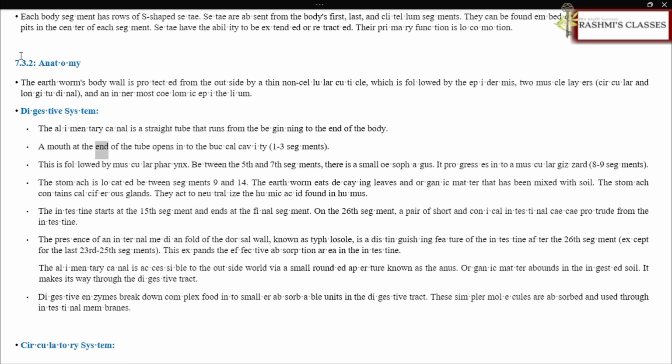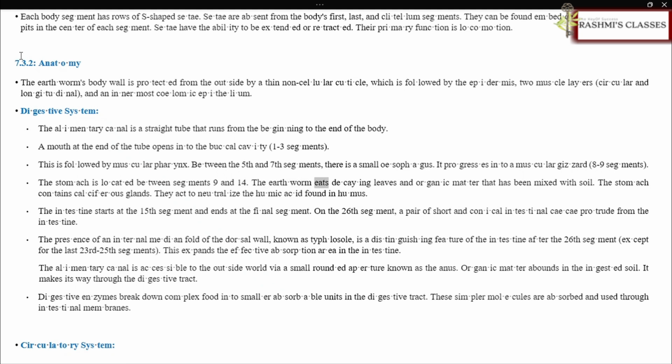A mouth at the end of the tube opens into the buccal cavity, 1 to 3 segments. This is followed by the muscular pharynx. Between the 5th and 7th segments, there is a small esophagus. It progresses into a muscular gizzard, 8 to 9 segments. The stomach is located between segments 9 and 14.